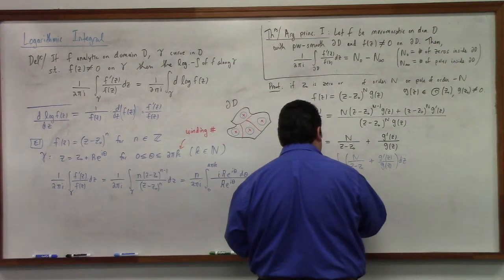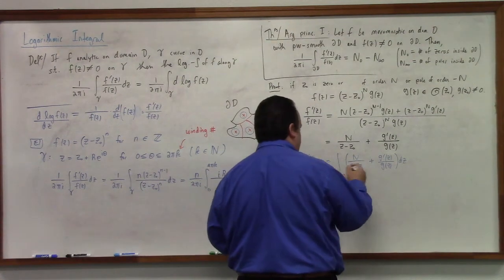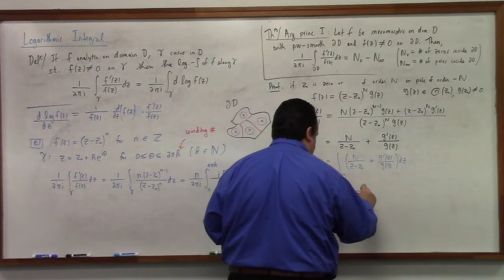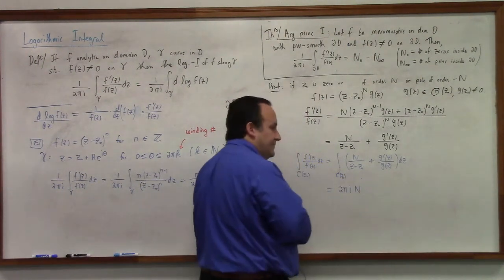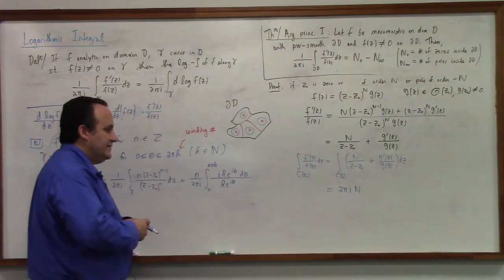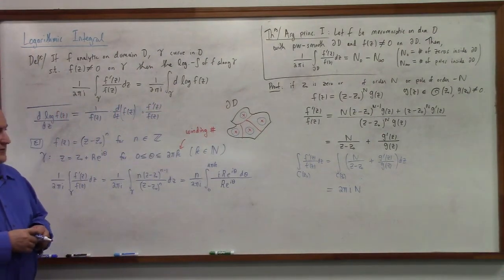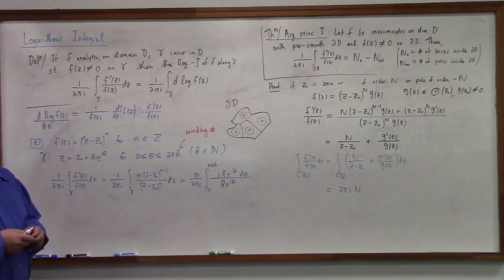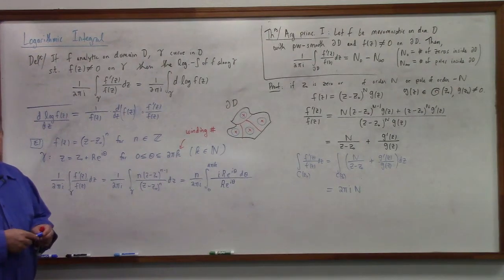So for the circle centered at z naught with a small radius, just like you said, Cauchy's theorem says that's 2 pi i times n. The calculation above in black shows that the residue of f prime over f is just n, the coefficient of the reciprocal power in the Laurent expansion.